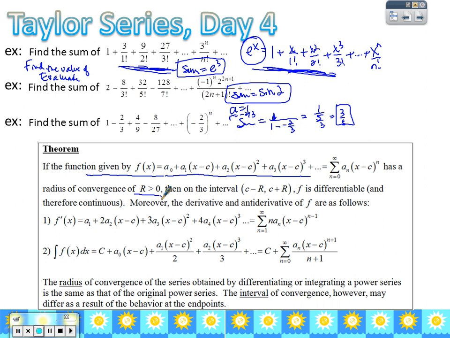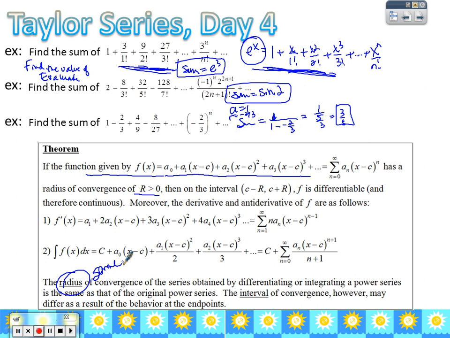What this theorem tells us is that if we take a series that we already know about or are given, and we take the derivative or the integral of it, the radius of convergence is going to be the same as the original series that we were given.